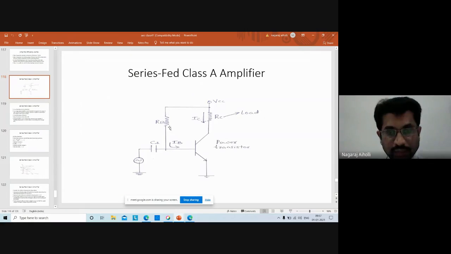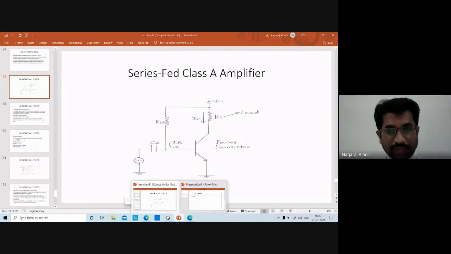Current entering is positive, current leaving is negative. So it is going from positive to negative, minus IBRB.